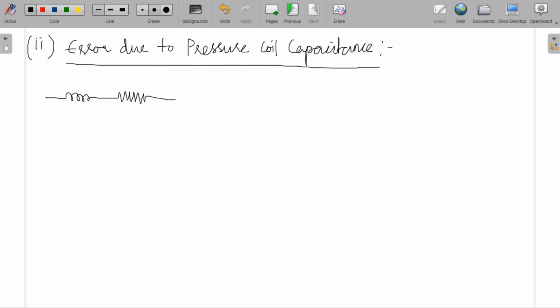This is the series resistance, which is connected in series with the pressure coil to limit the current flowing through the pressure coil circuit. This series resistance may possess capacitance. That capacitance is nothing but interturn capacitance, that is, capacitance between two turns.